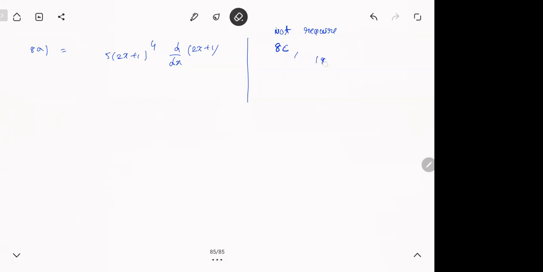Actually 18 we can still do. 19 is not required. These two are not required, and question 5. These three you can just ignore. 8C is not required. 8C, 19 and question 5.